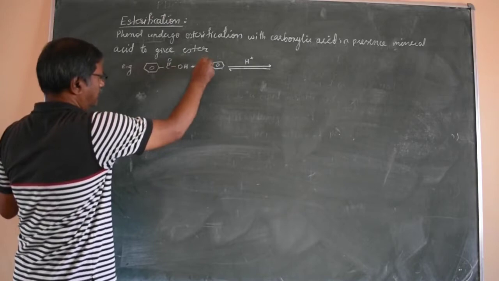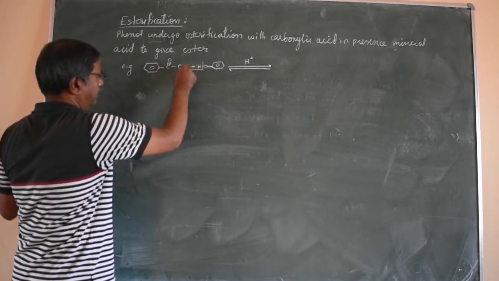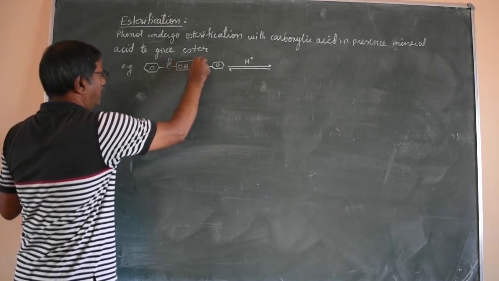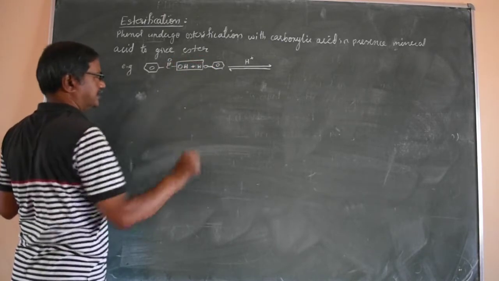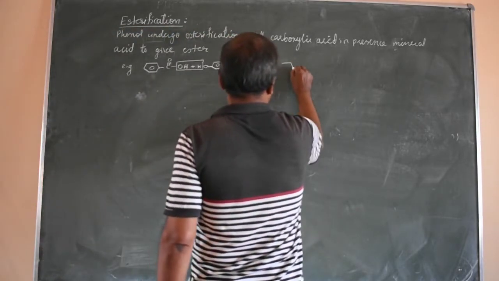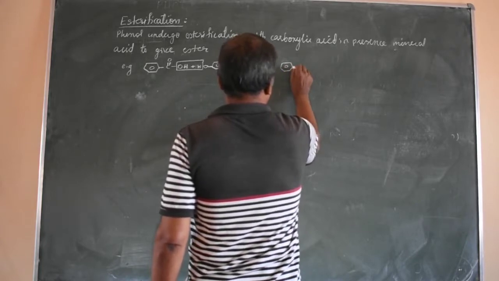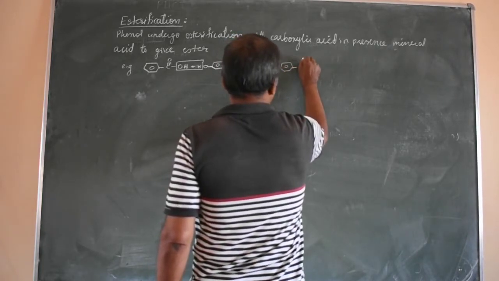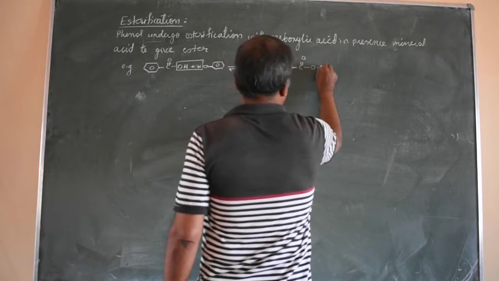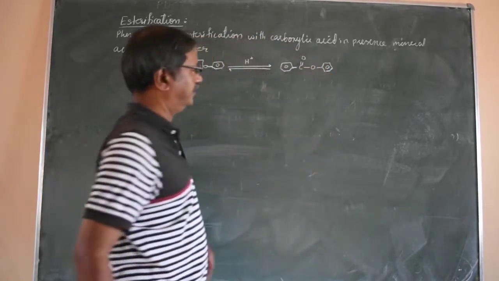The reaction involves the cleavage of the OH bond of phenol and the CO bond of carboxylic acid. Well, you are getting the product. As we know, first we have to name the group attached to the oxygen in ester. The group attached to oxygen is C6H5.